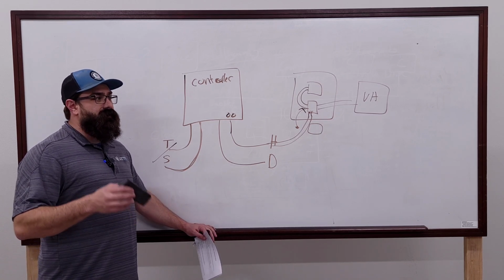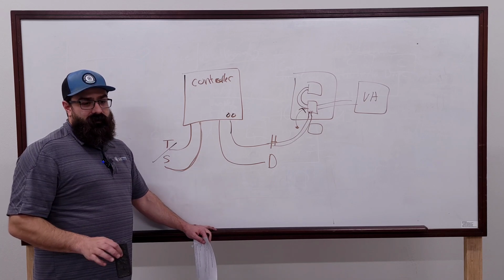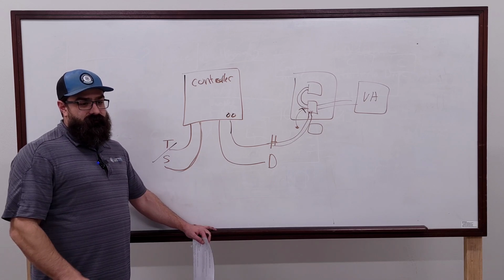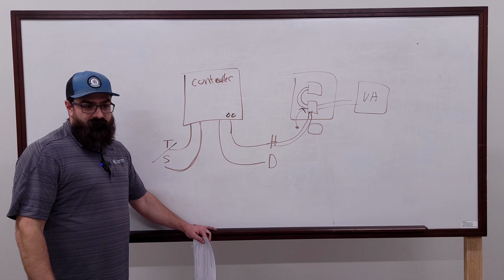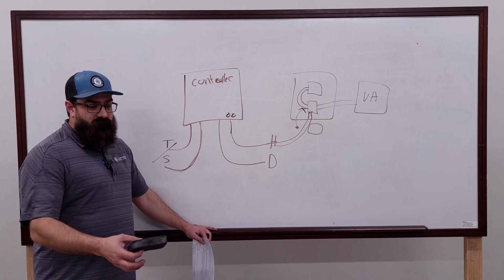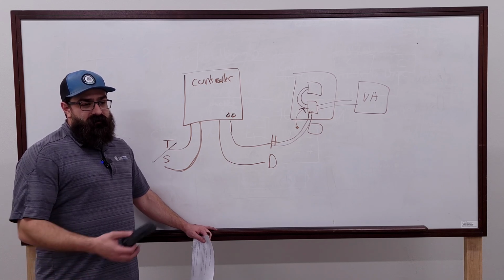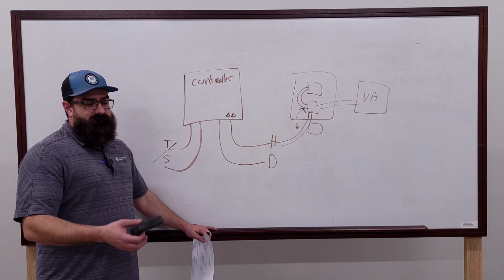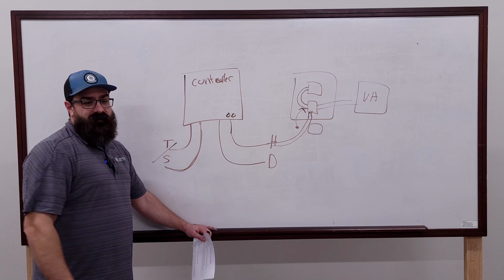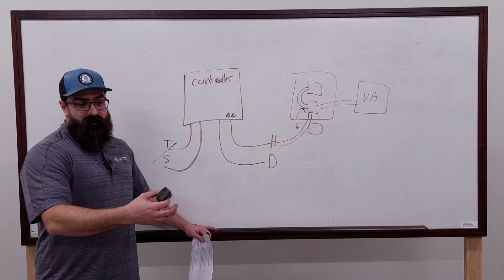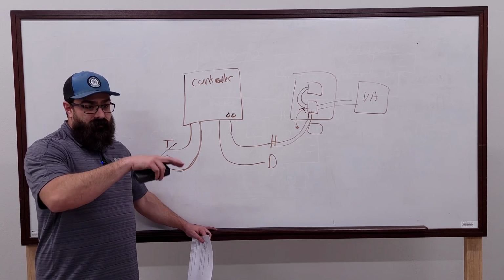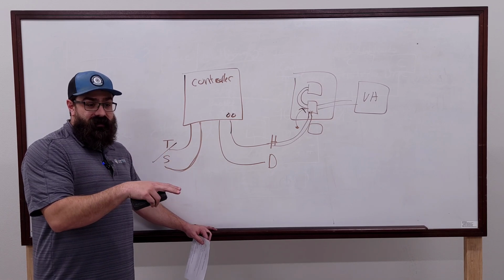Unless someone has written a completely custom program, that's how it's going to be. So 90% of the time, it's going to be those outputs. So if you call me like, hey, I got a Distech controller on a fan power box, and the SCR is wired up to DO1, I'm going to tell you that's wrong. It's wired up to the wrong DO. Check UO5, see if you have voltage there.